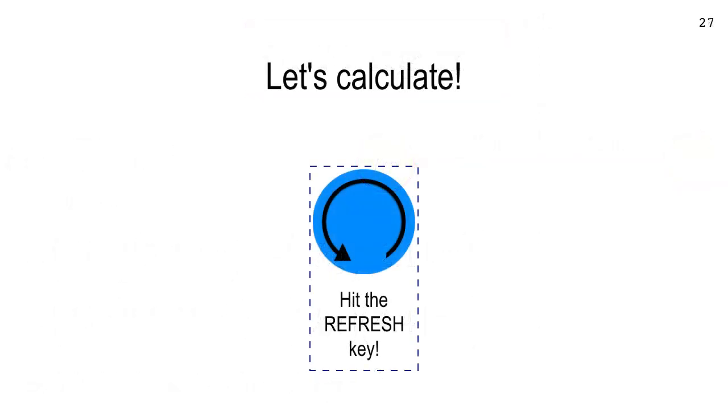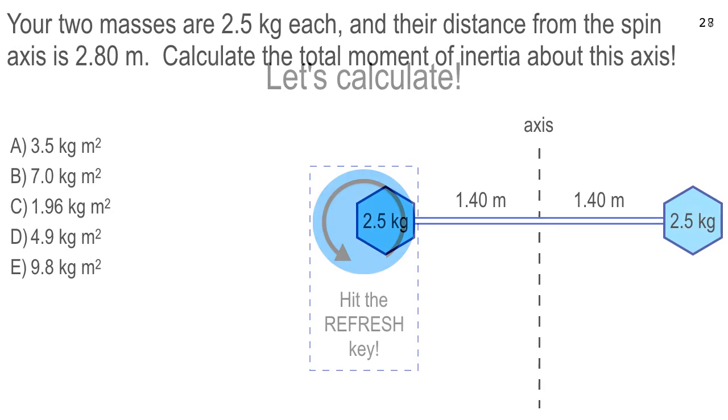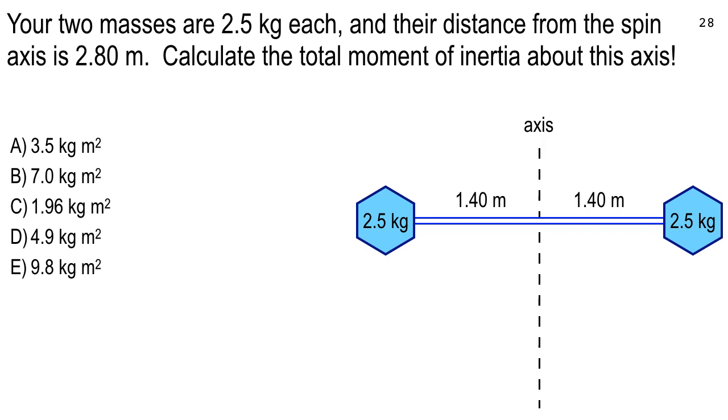Now let's do a calculation together, okay? You don't have to hit the refresh key because this is multiple choice coming up. All right, let me get the question. Here we go. Similar, different distances, different masses. Calculate the total moment of inertia about this axis.